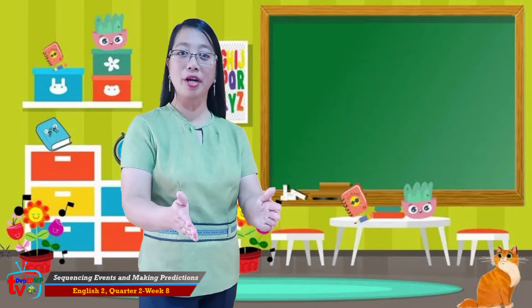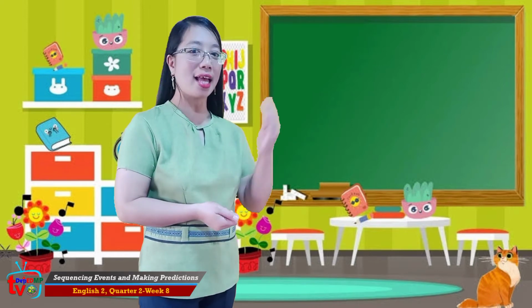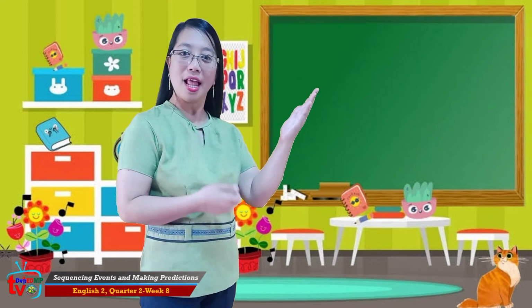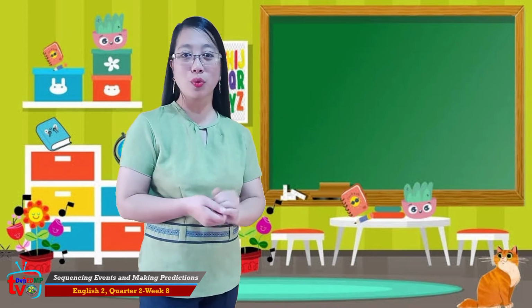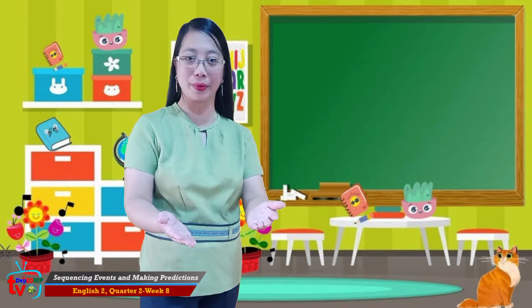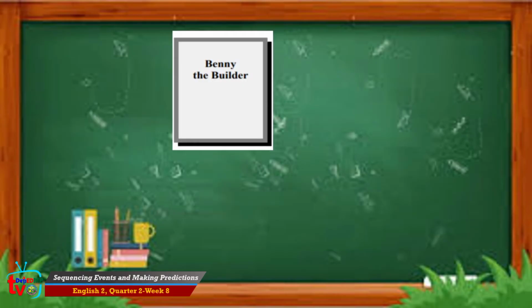For you to better understand our lesson, let us look at the example. Let's try your predicting skills. Guess about what you will see inside the book. Title of this book is Benny the Builder. What do you think is the content inside of this book?